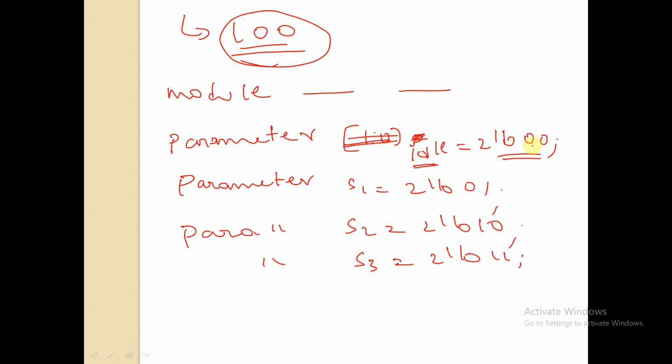Now we will declare two registers. Since the parameter width is 2 bits, we will declare present state and next state of 2 bits. One is present state and another is next state. These are the two states which we are going to use.